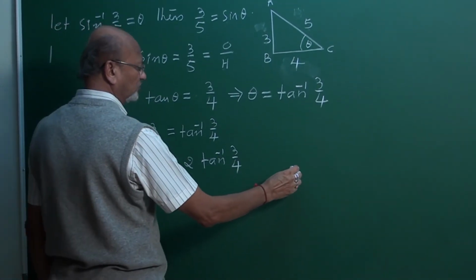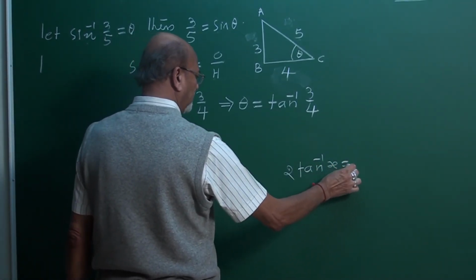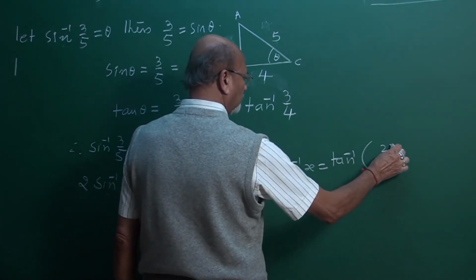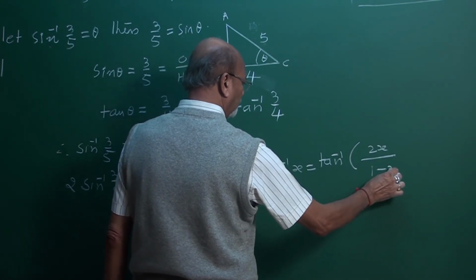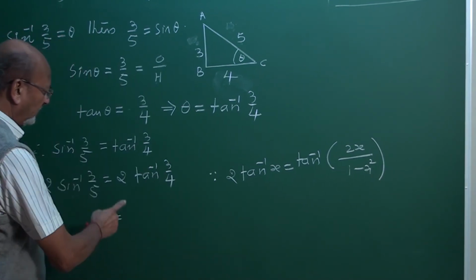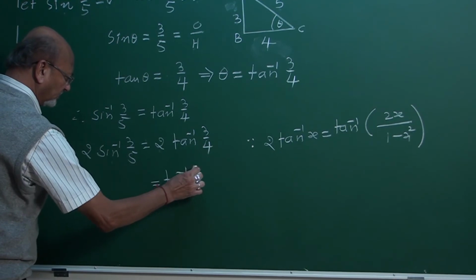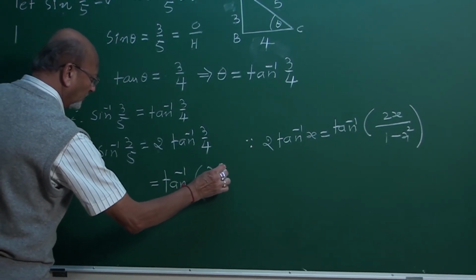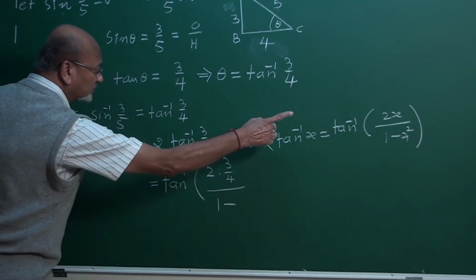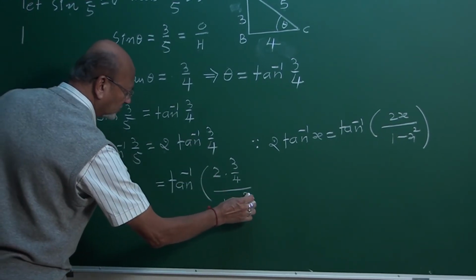You know the formula: 2 tan inverse x is tan inverse of 2x upon 1 minus x square. Use brackets: 2 into x, 3 by 4, denominator 1 minus x square, square of this is 9 upon 16.